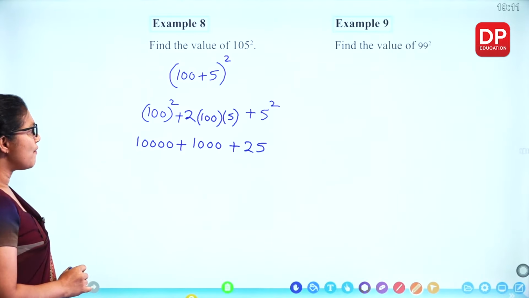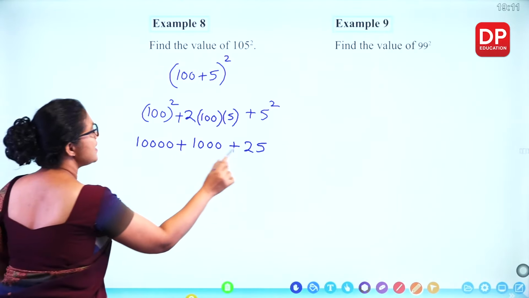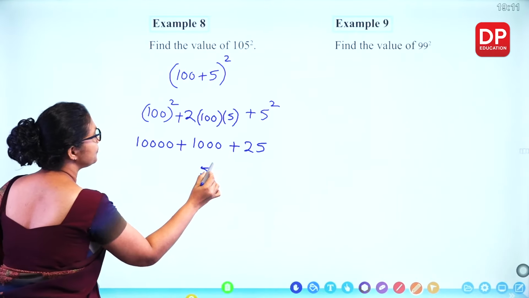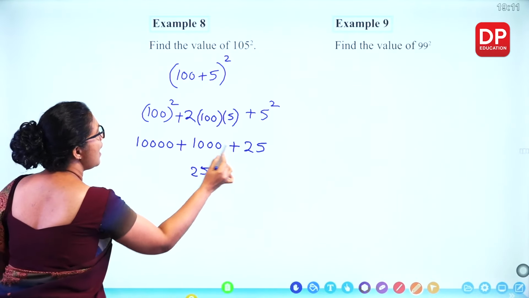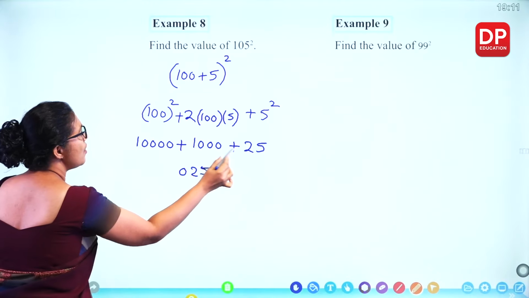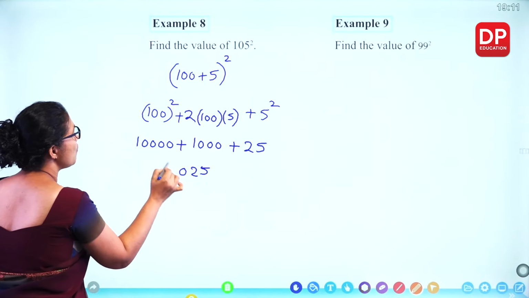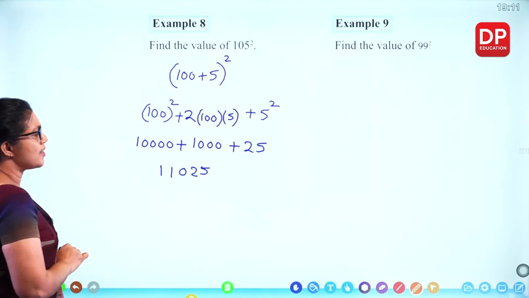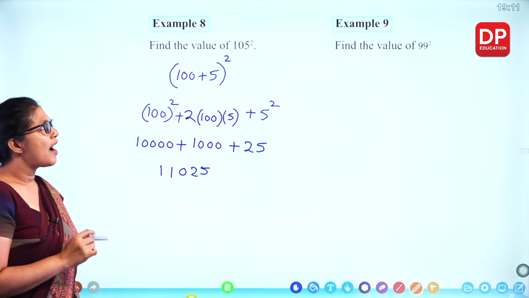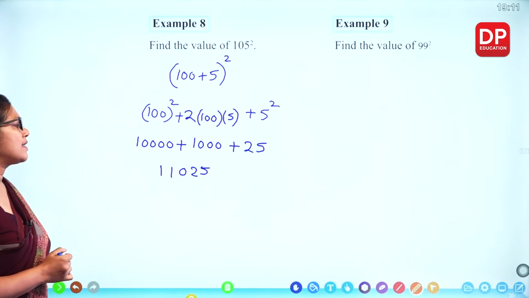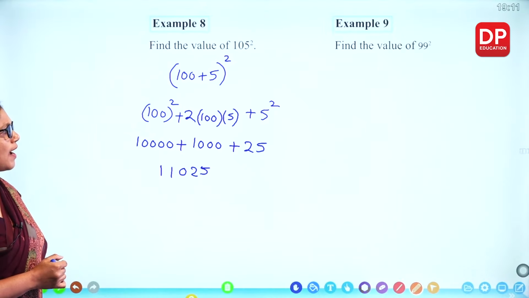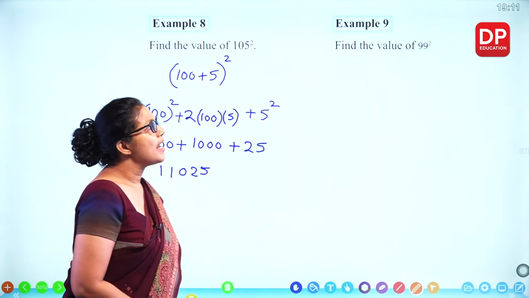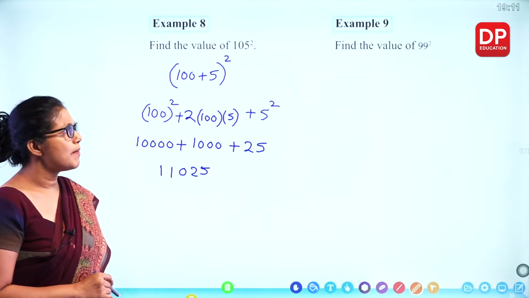So when you are simplifying, you can add it. You get 10,000 plus 1000 plus 25. So what's the value of 105 squared? You get 11,025.